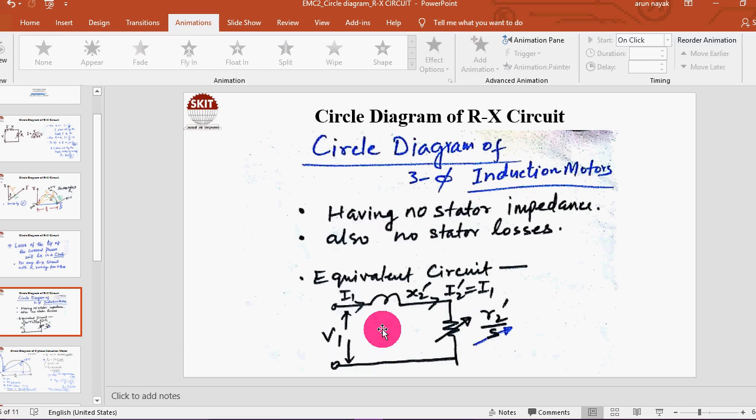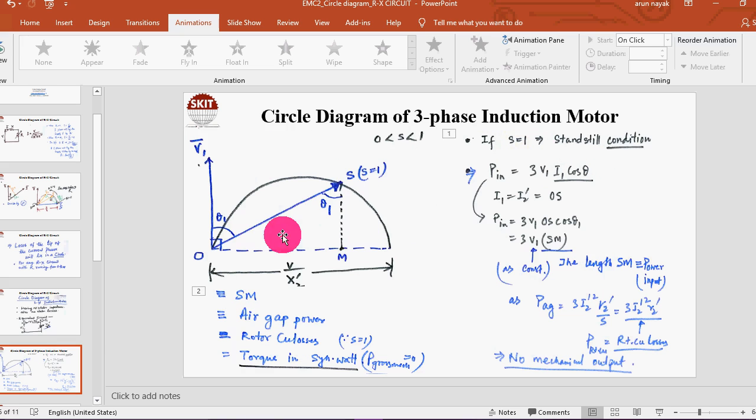Now if I draw the circuit diagram of this equivalent circuit, comparing with the simple RX circuit, I will get like this. So this is the voltage phasor.